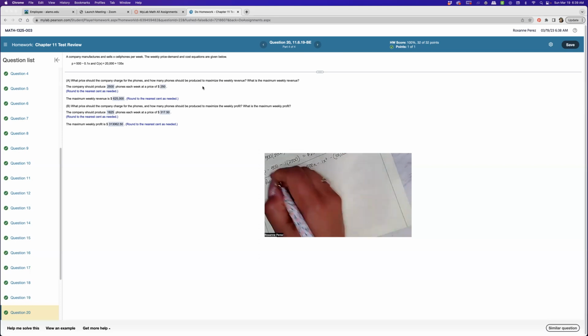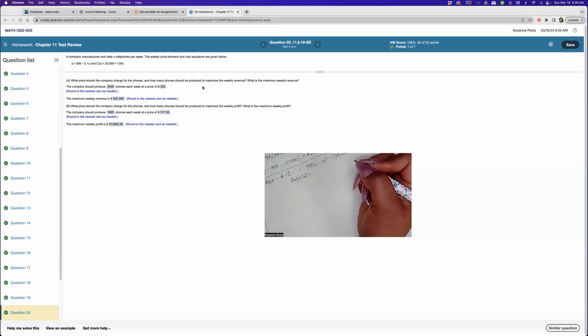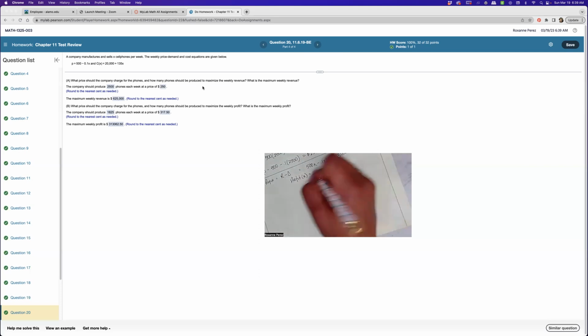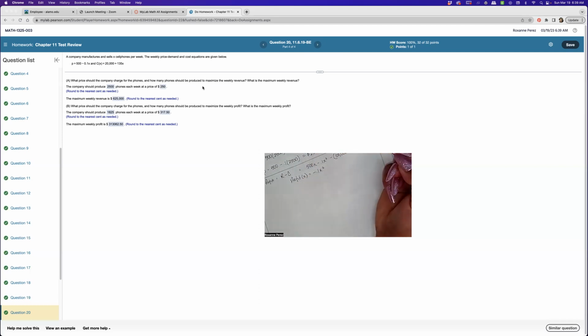Simplify this. So our profit equals negative 0.1x squared plus 365x minus 20,000.